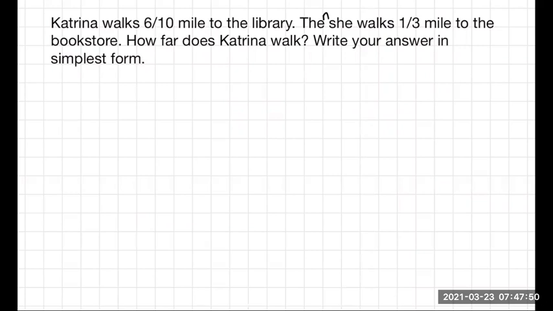Think about what you hear in this problem and what you can draw to help you solve this problem. Go ahead and pause the video and draw a picture to help you solve this problem.